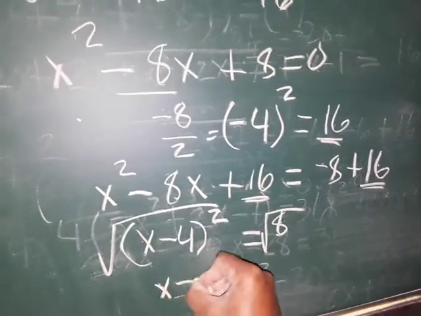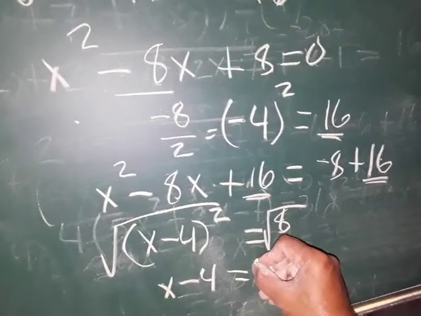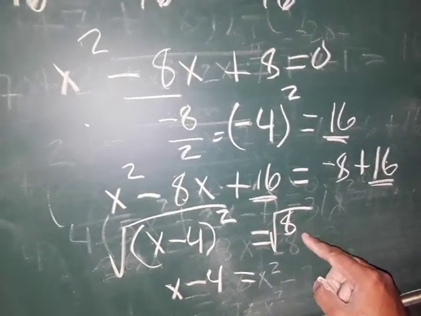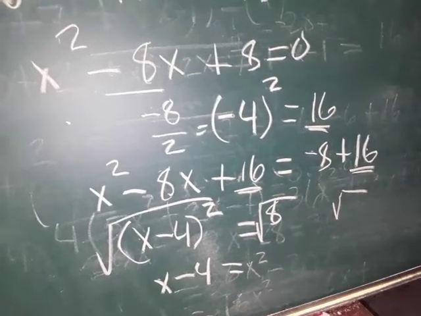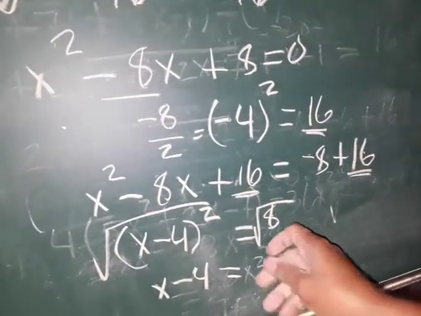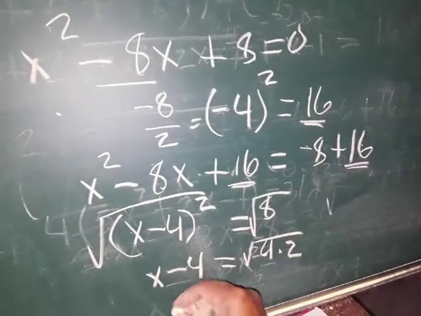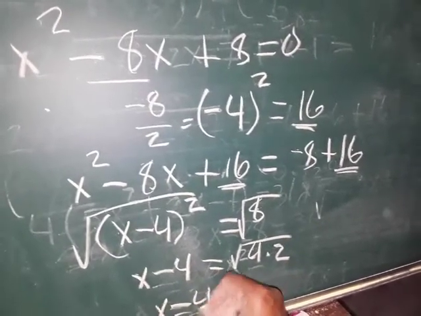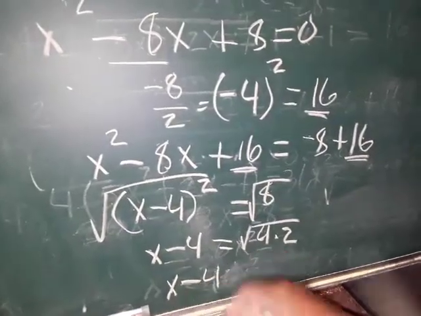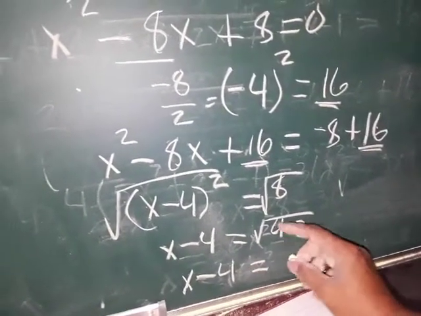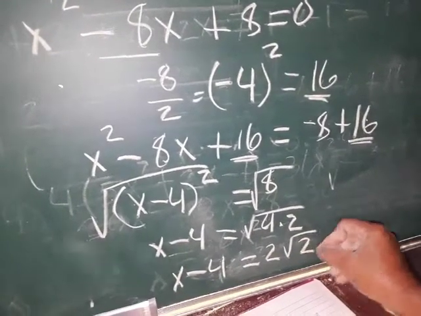Then x minus 4 is equal to square root of 8, or in lowest term, this one can be written like square root of 4 times 2, which is x minus 4 is equal to square root of 4 is 2, square root of 2.